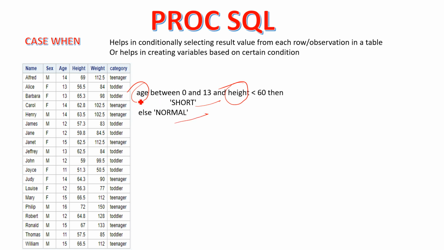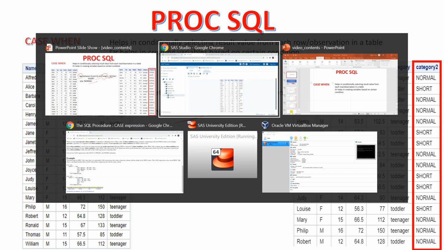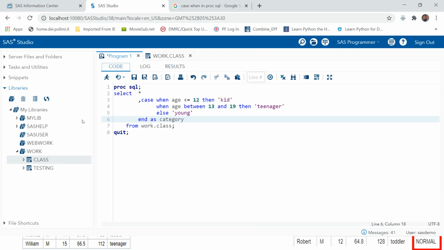If age is between 0 to 13 and height is less than 60, then we want to say that the child is short, otherwise that child is in the normal case. So we want a resulting table which should look something like this, which has the category 2 variable which contains the result of this condition. Let's go back to the SAS and try doing this.